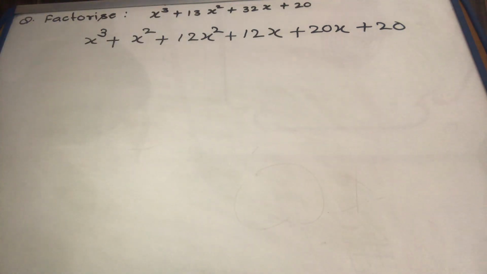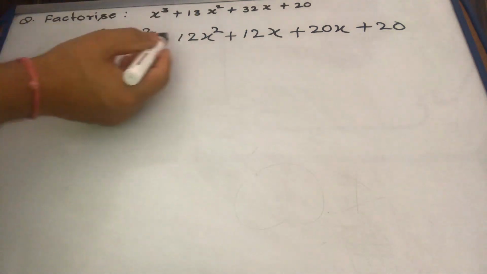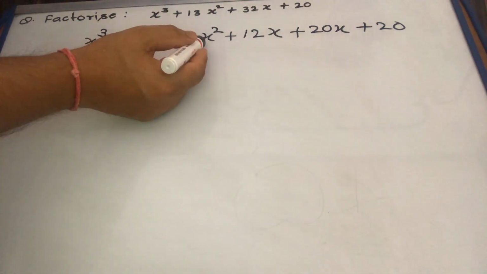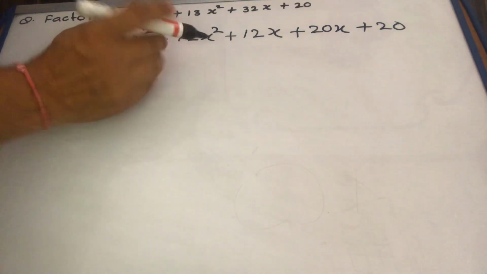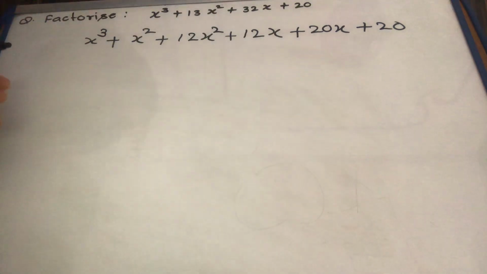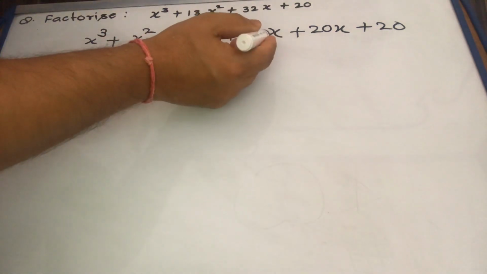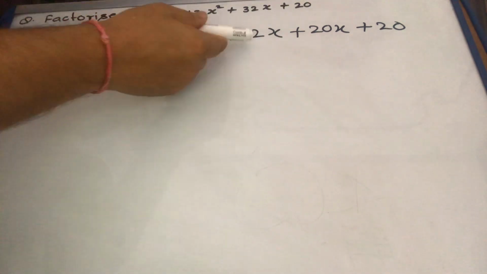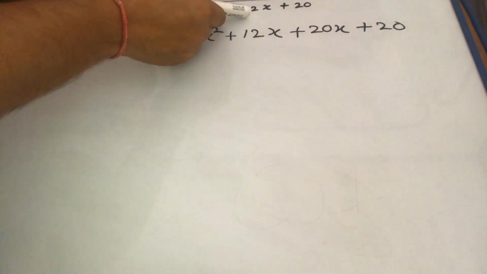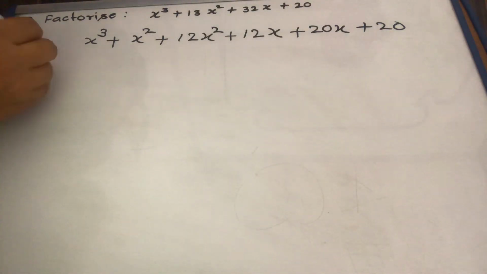The second term is 13x square and 1x square is already present, so 13 minus 1 means 12. You write 12x square. After that observe the coefficient of this term, which is 12. You write the same, plus 12x. Then you observe the third term. The third term is 32x and 12x is already present, so subtract this 12x from 32x. You will get 20x. The constant term you write same to same.